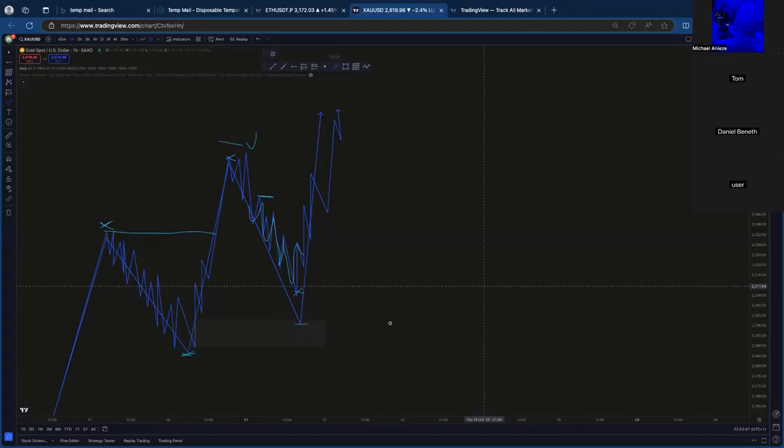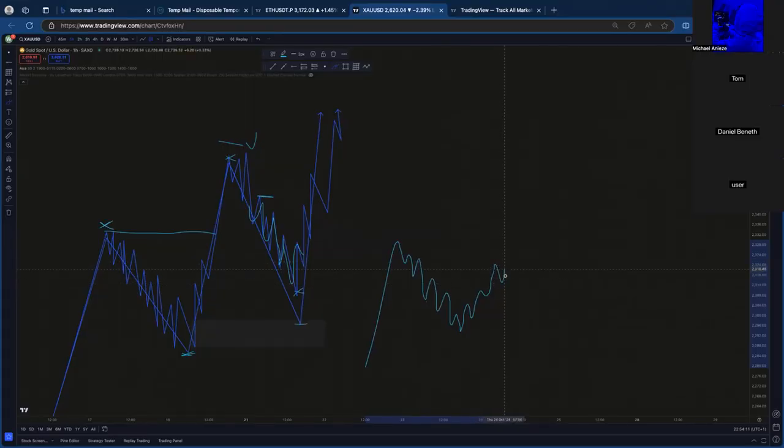Now, I want to show you something. If you have this high and price starts coming back, and then starts creating a minor structure, mind you, price did not break structure here.